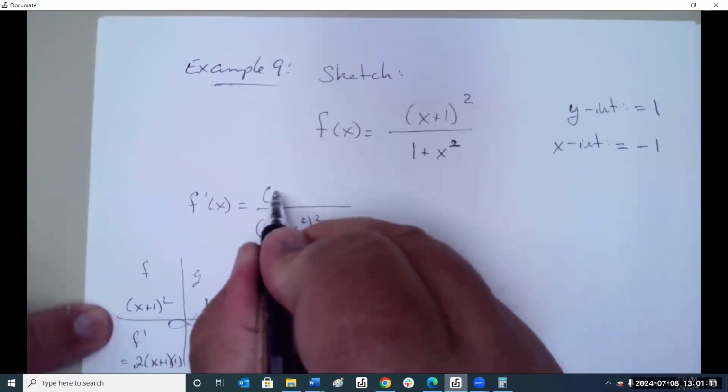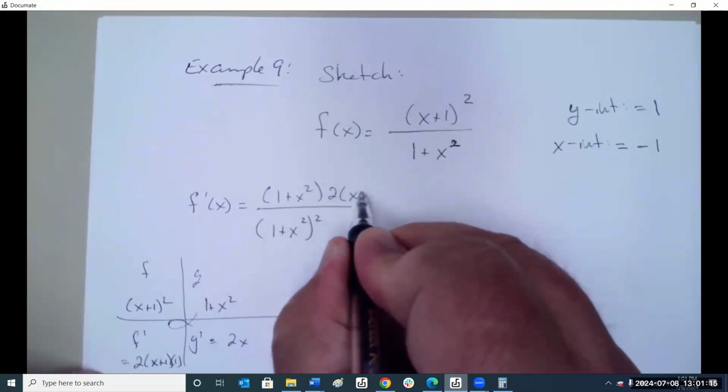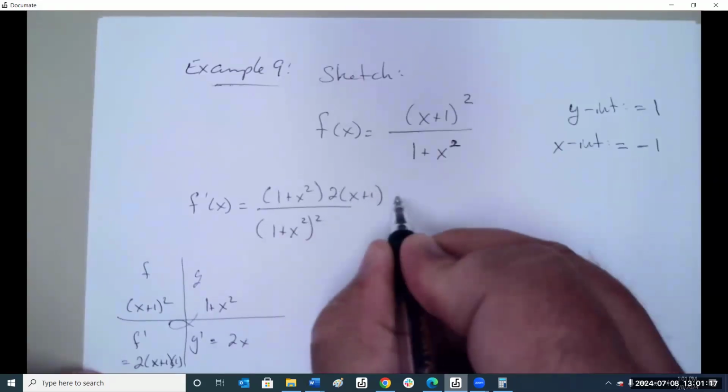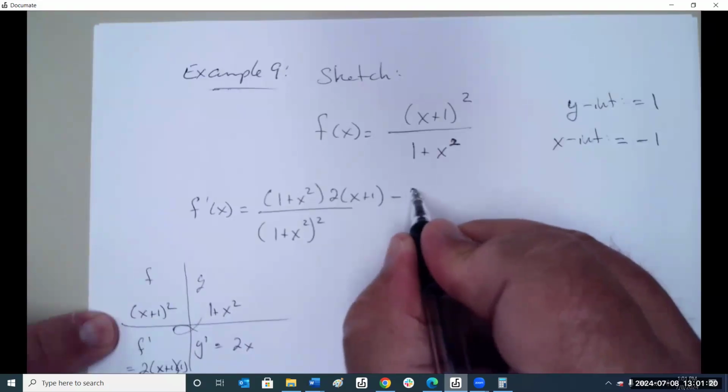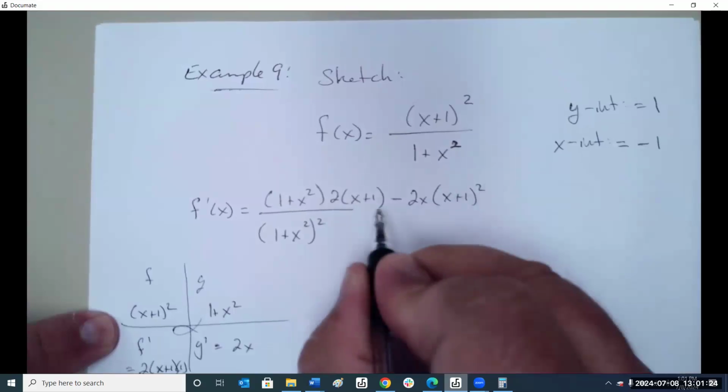So we have (1 plus x squared)(2x plus 1) minus 2x(x plus 1) squared.